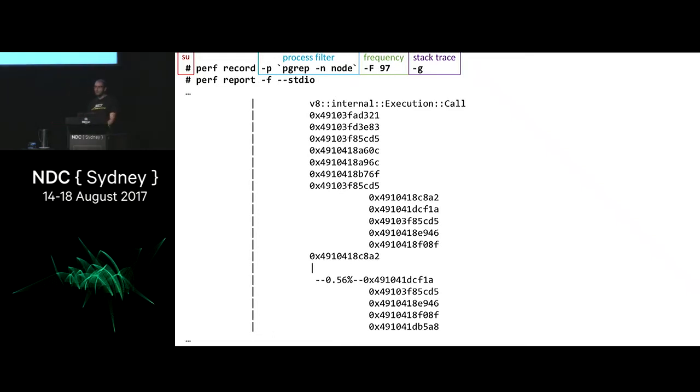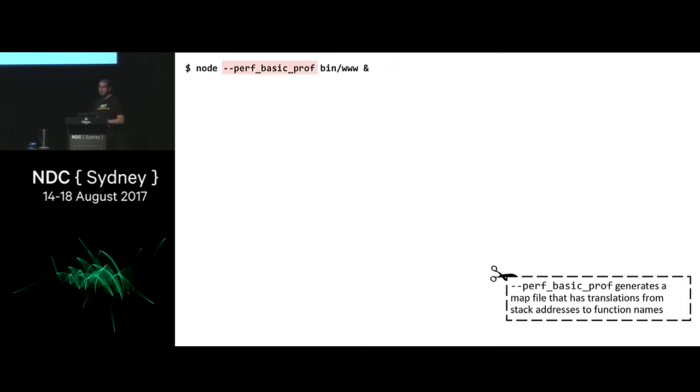So the way to resolve it is to run Node with a magic flag. And now at this point you might say, this also needs you to run Node with a magic flag, so what's the advantage compared to the built-in profiler? Why are we even talking about this? The major difference is the --prof flag, which we talked about before, that starts profiling right away and starts emitting huge amounts of information to a file.